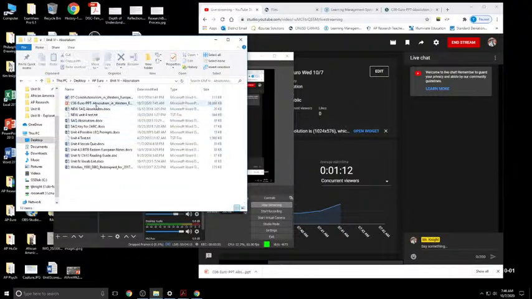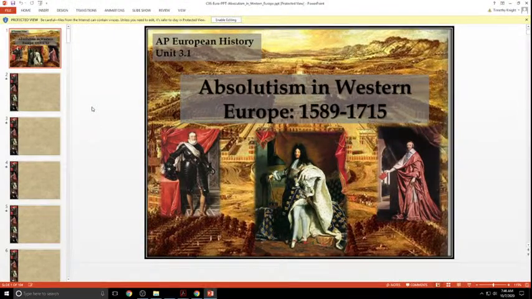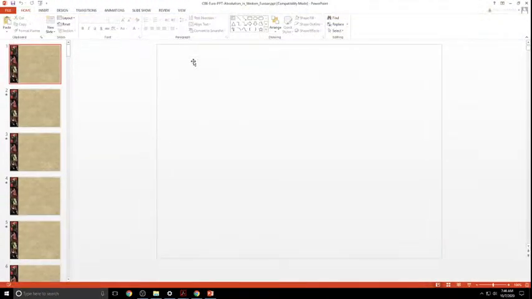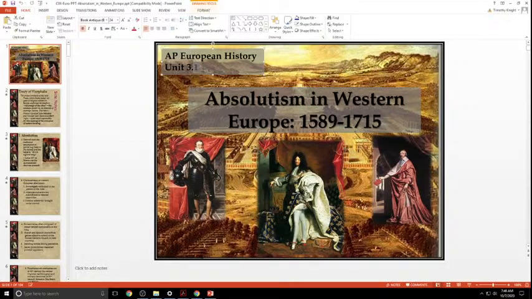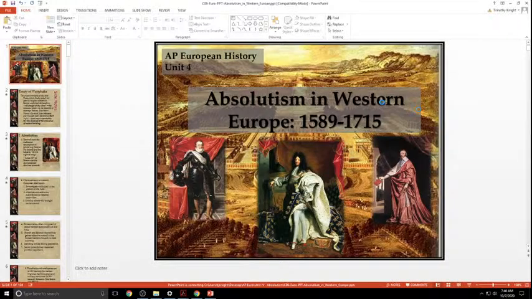And the age of absolutism is referring to the period of time in Europe where state powers, okay, and this should say actually Unit 4 here. European state powers are centralizing during this time.